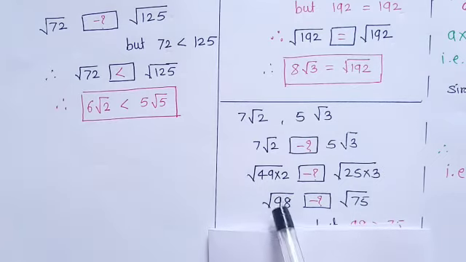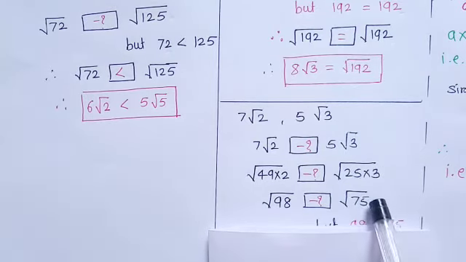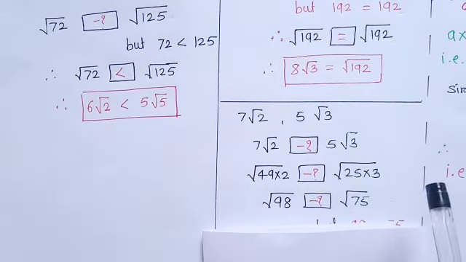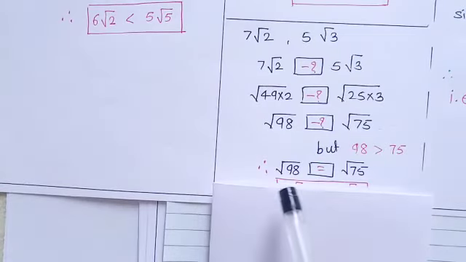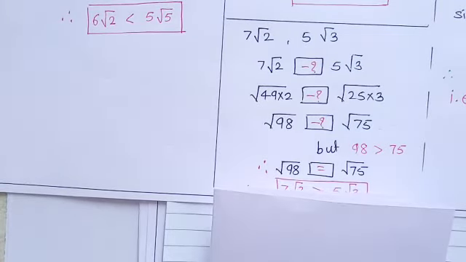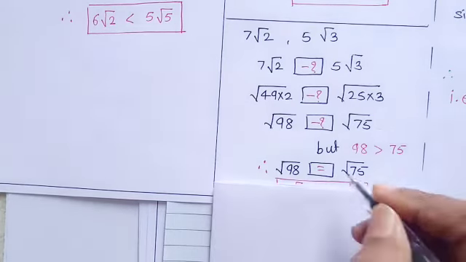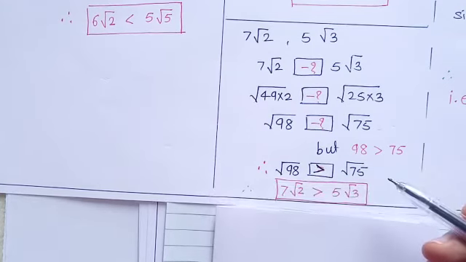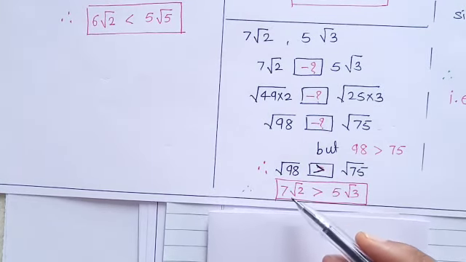But we know that 98 is greater than 75. Therefore a square is greater than b square, and hence a is greater than b. So root 98 is greater than root of 75, and therefore 7 root 2 is greater than 5 root 3.